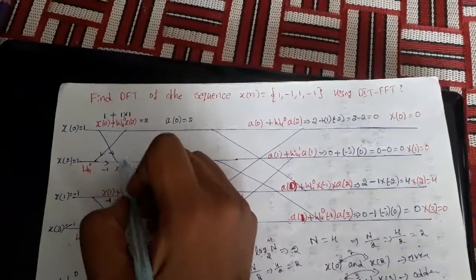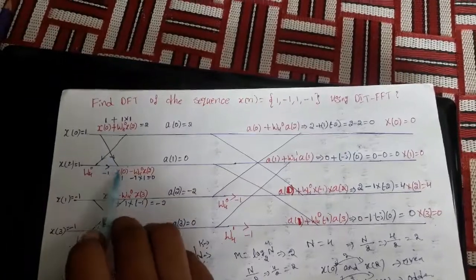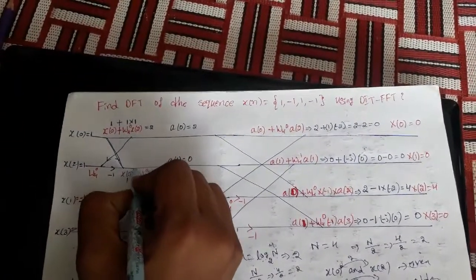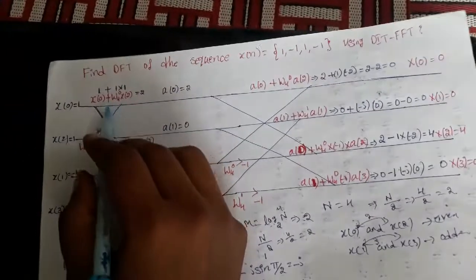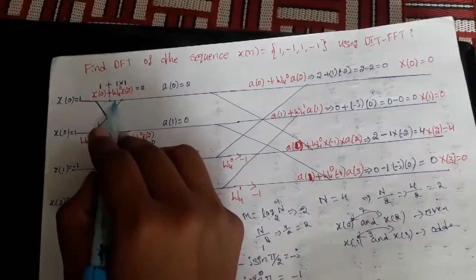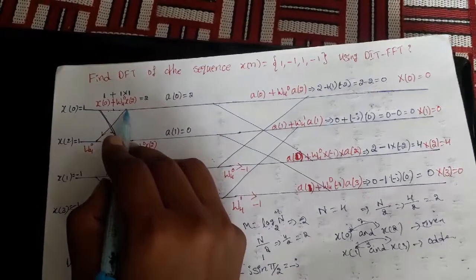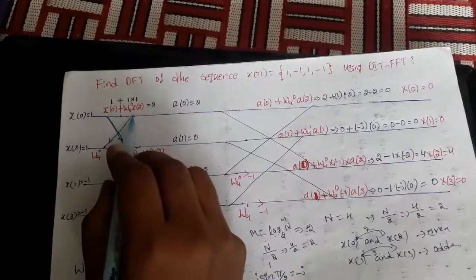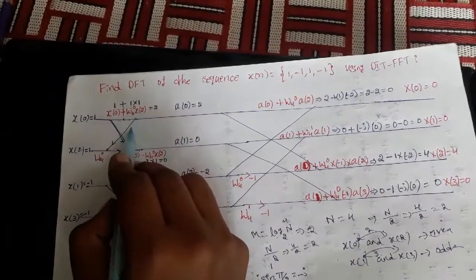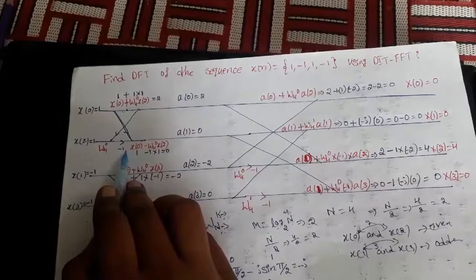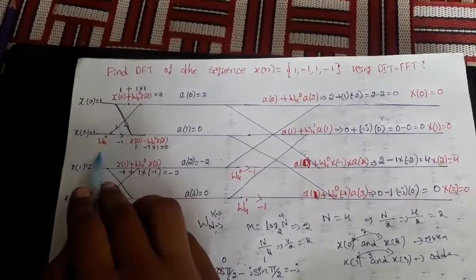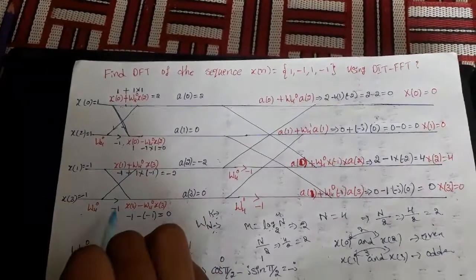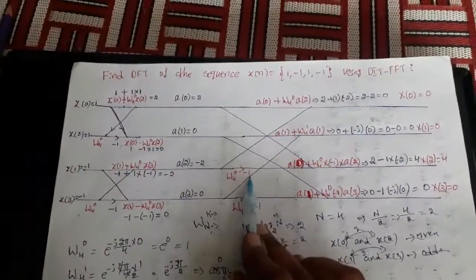So this butterfly value is x of 0 plus W 4 to the power of 0 x of 2. Why am I taking W 4 to the power of 0? Here each base term is multiplied with W 4 to the power of 0 and minus 1.